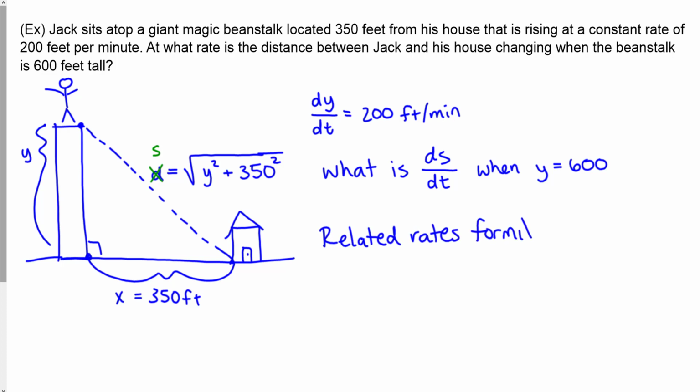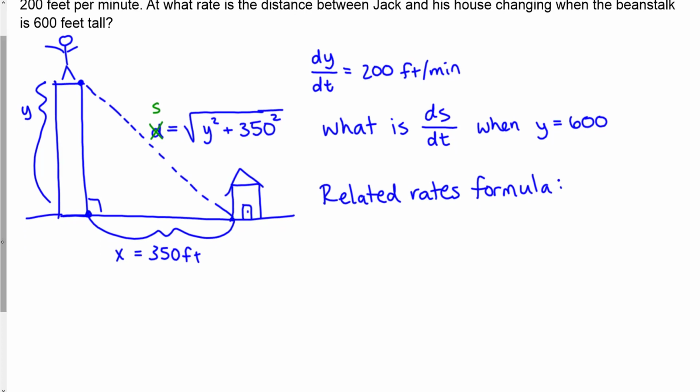Now, in order to do this, I'm going to make things a little bit simpler for us and call this formula, I'm going to change it just a bit. I'm going to say it's s squared equals y squared plus 350 squared.